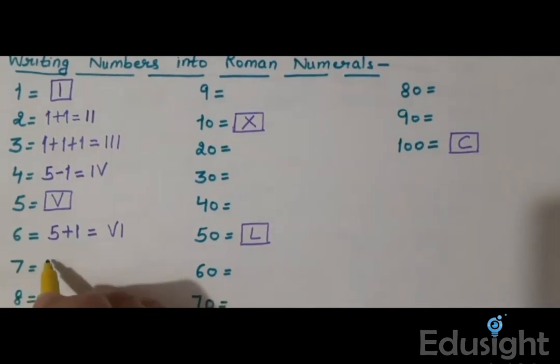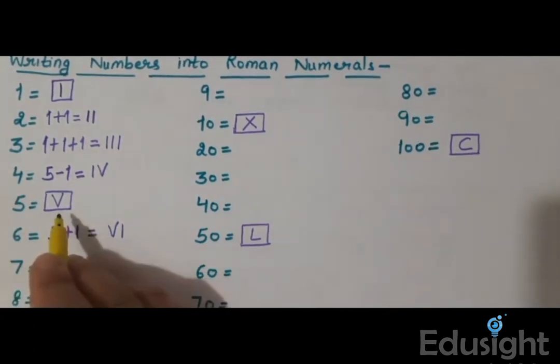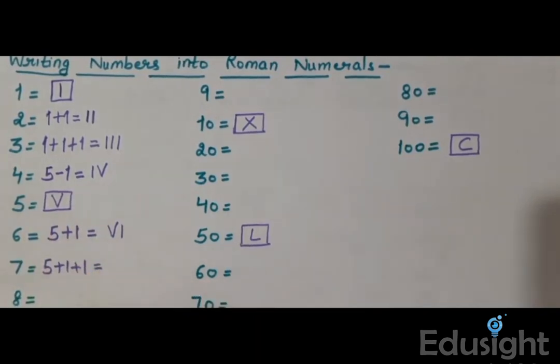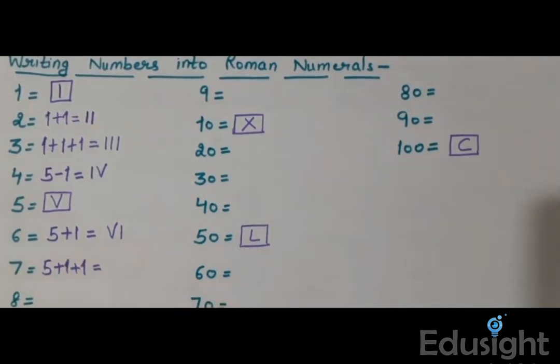7 can be written as 5 plus 1 plus 1. We will take help of 5, right? Now see, 2 times addition is there and 1 is repeated 2 times. So we will write 2 times I on the right hand side of symbol for 5, V. This is VII.